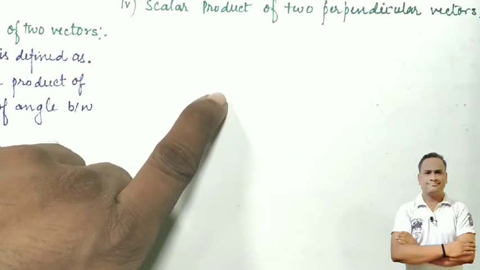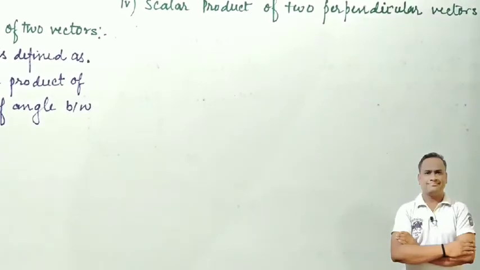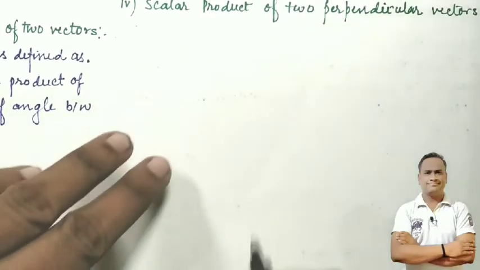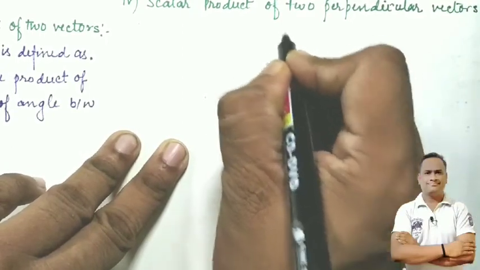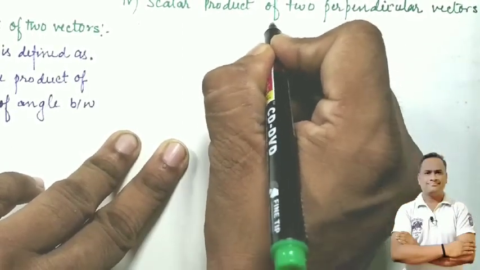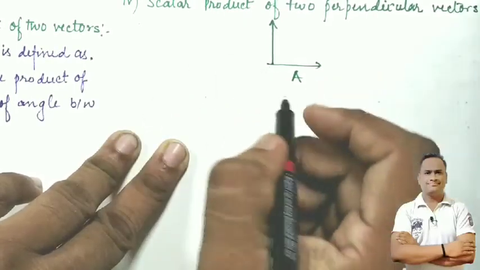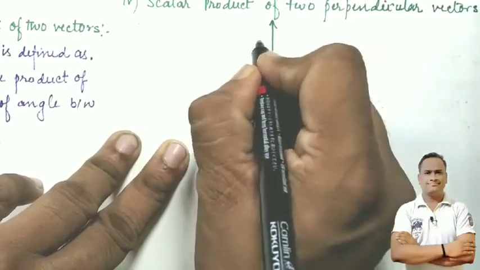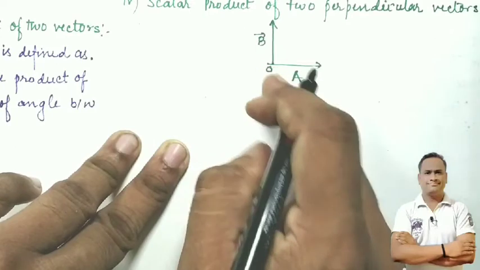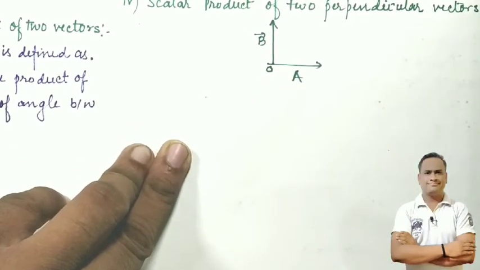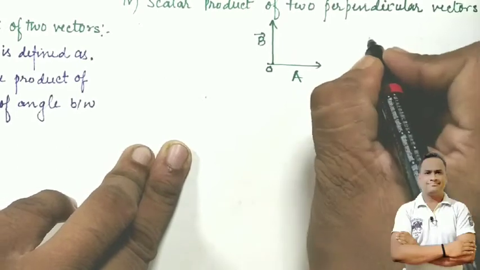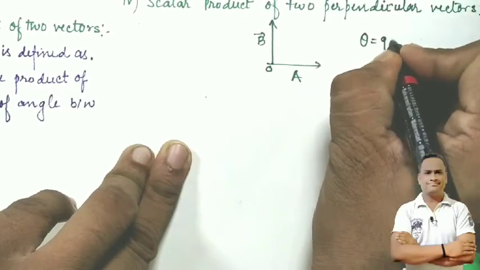In order to calculate the dot product of two perpendicular vectors, suppose this is vector A and this is vector B, and both are co-initial vectors, and this is the origin point. From the figure we can observe that vector A and vector B make an angle of 90 degrees with each other. So here theta is equal to 90 degree.